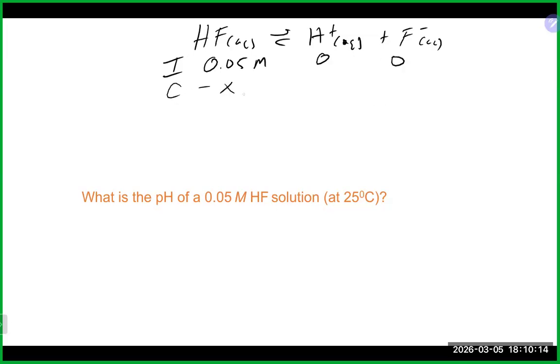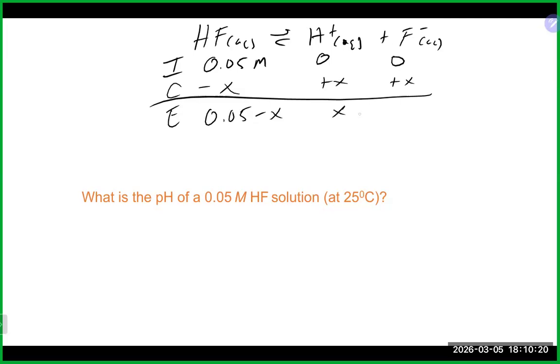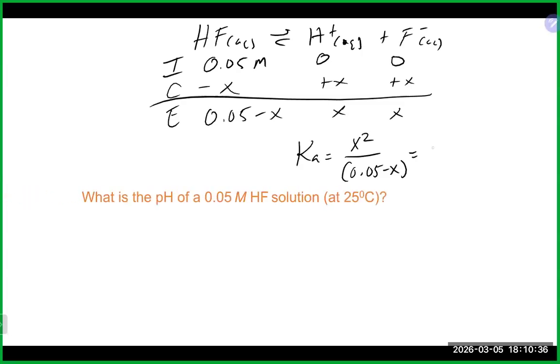We're going to go minus X, plus X, plus X, equilibrium 0.05 minus X, X, X. This will go into our Ka expression just like previously, x squared over 0.05 minus x equals 6.4 times 10 to the minus 4.